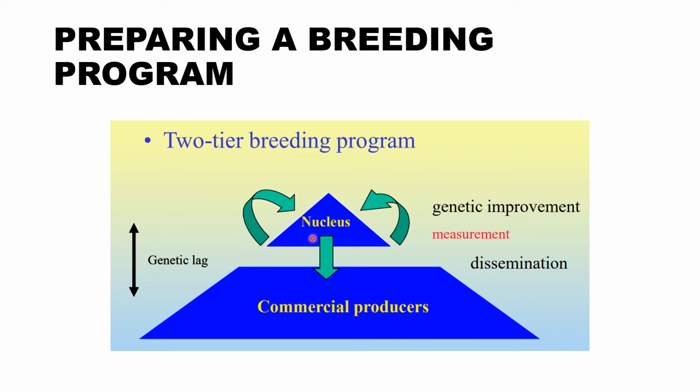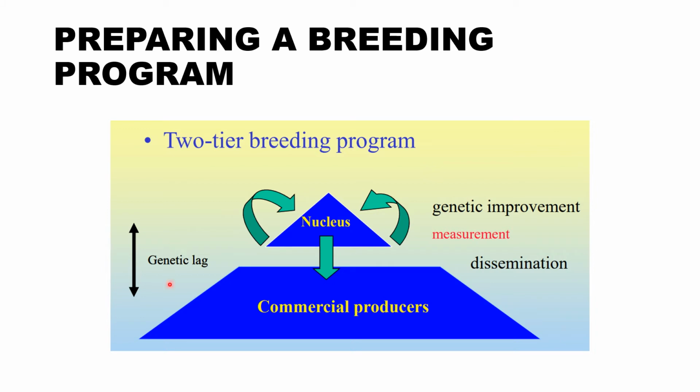And then, yung mga na-produce nila, dinedisseminate nila doon sa commercial producers. And then yung commercial producers, sila na yung bahala doon sa mating nila sa pagpaparami sa kanila. So basically yung nucleus farm, dito nanggagaling lahat ng mga magagandang breeders. So dito kumukuha yung mga commercial producers natin.